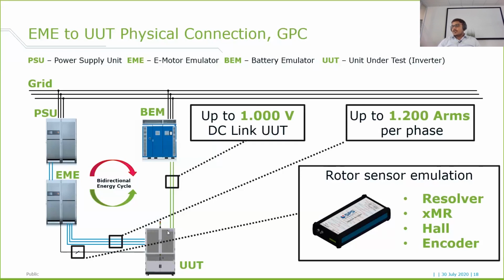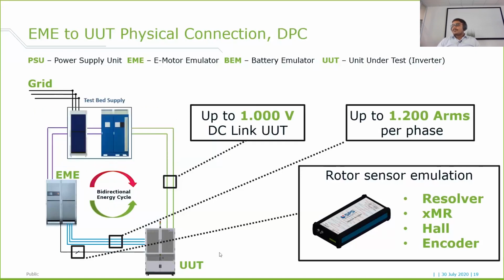That's it. And similarly, if we compare it to the DC power cycle, there will be only one testbed supply cabinet, which provides a DC power supply to the inverter as well as the emulator directly from one source. With this, the hardware footprint can be reduced considerably as compared to the grid power cycle. However, an actual battery cannot be used in this DC power cycle scenario.